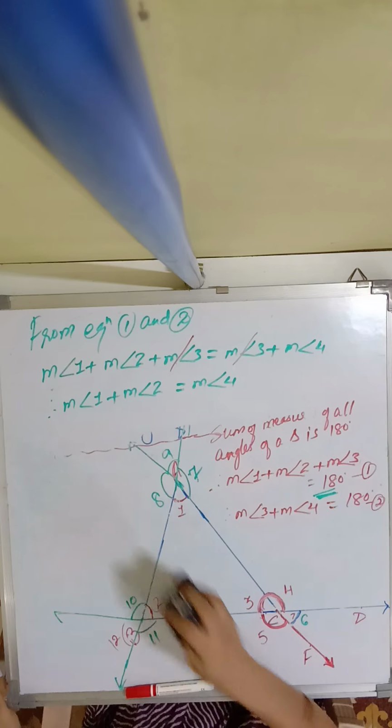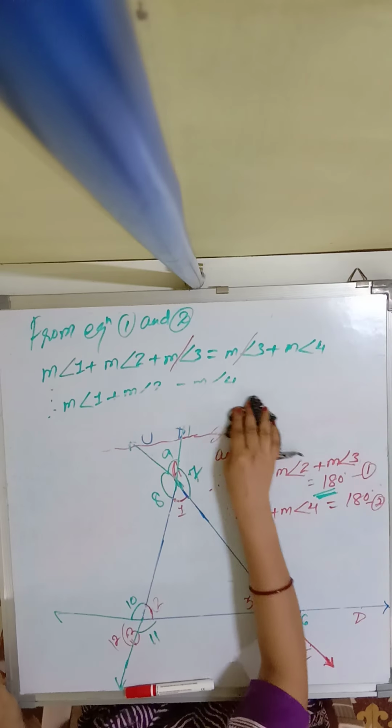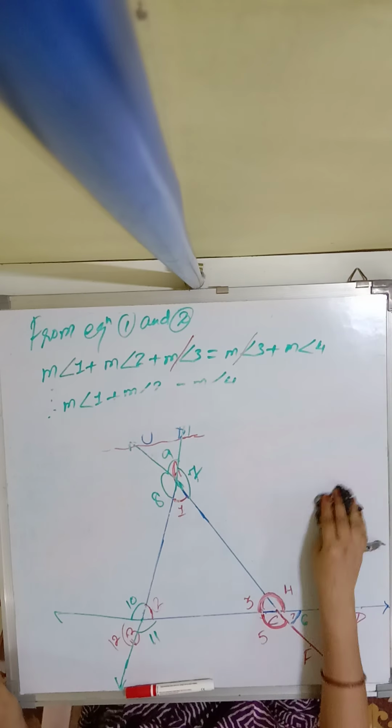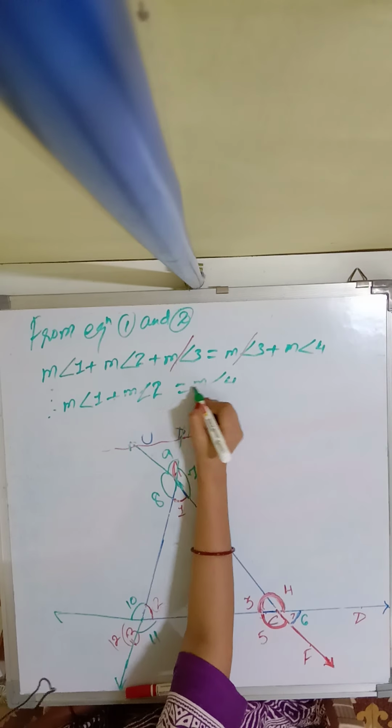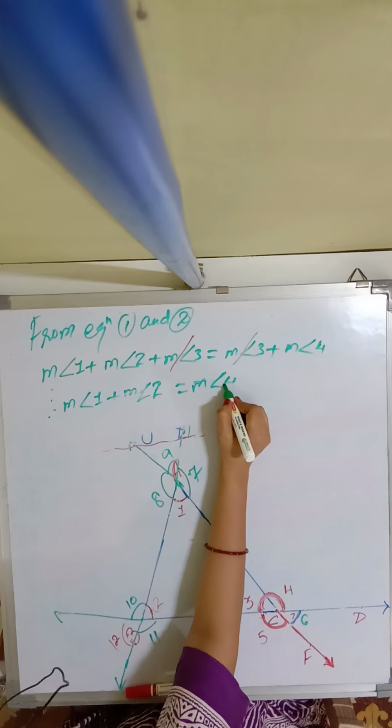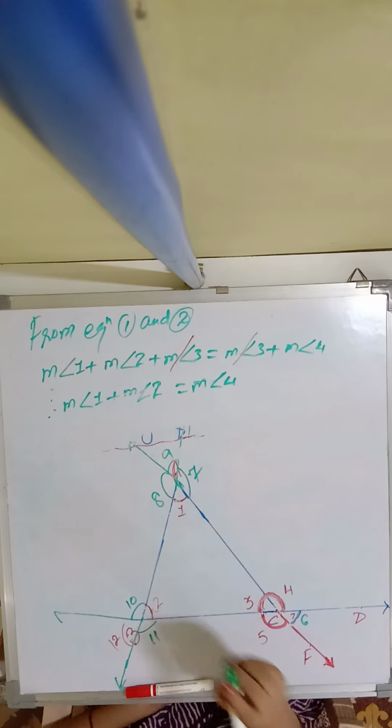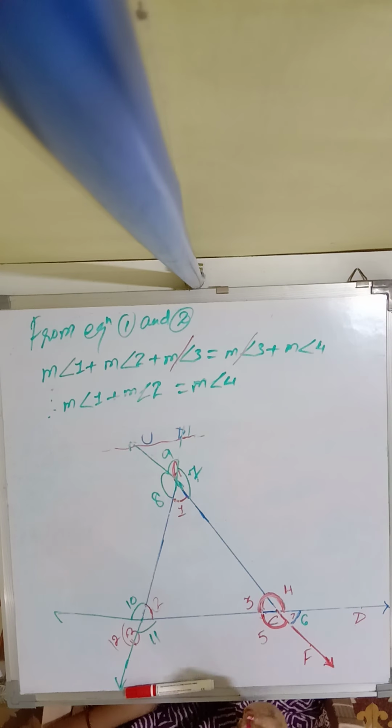So here we can add one more point. Therefore, measure angle 4 is equal to angle 1 plus angle 2. From this we have concluded one rule, children.